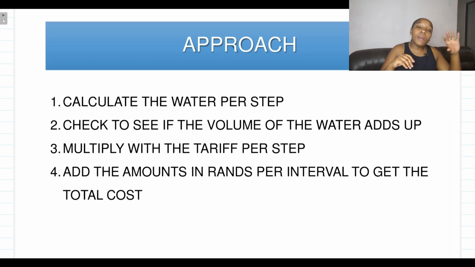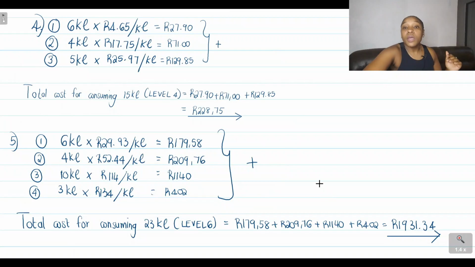And then you need to multiply the volume in each step by the tariff that is given to you in each step. And then once you've done that, you add up all the amounts together to get how much you would pay towards the water bill for consuming a particular volume of water.